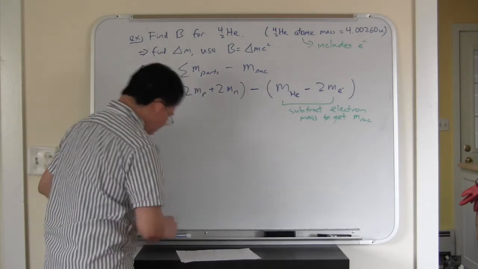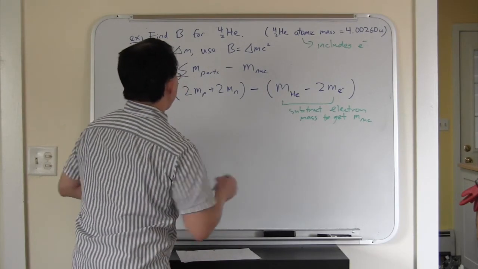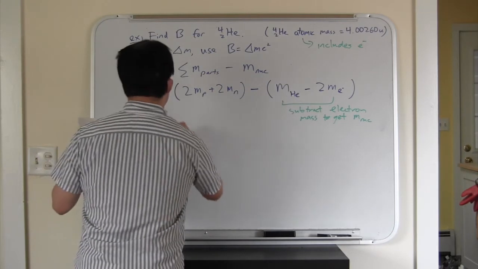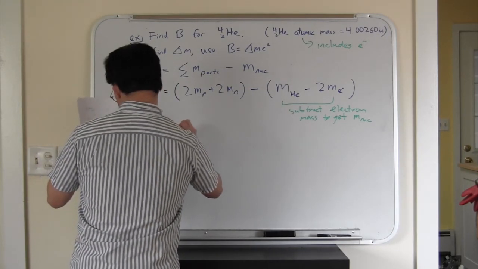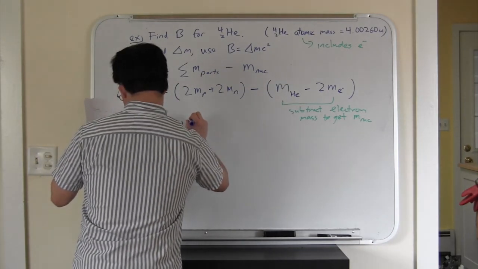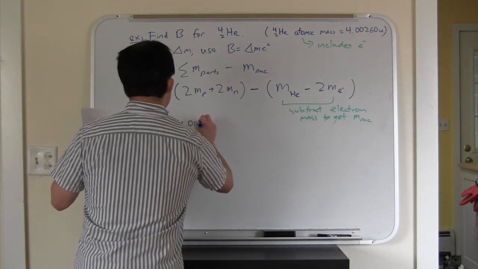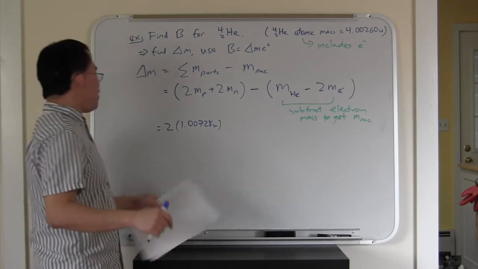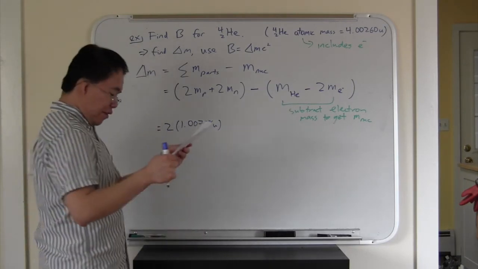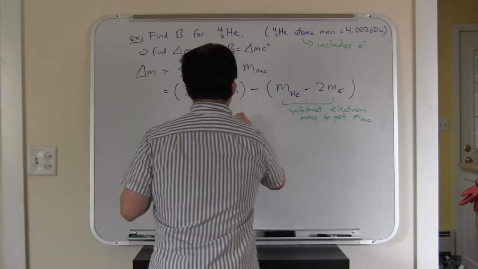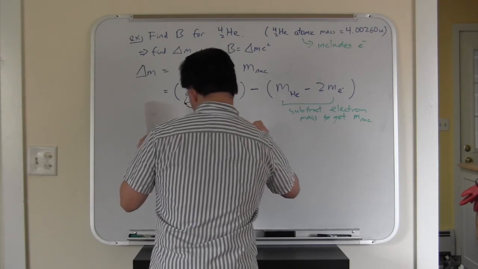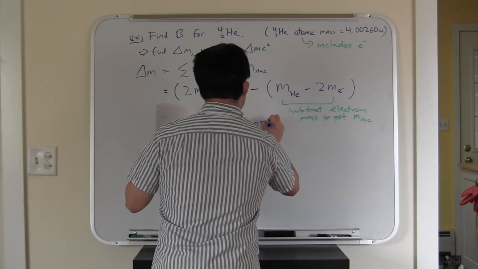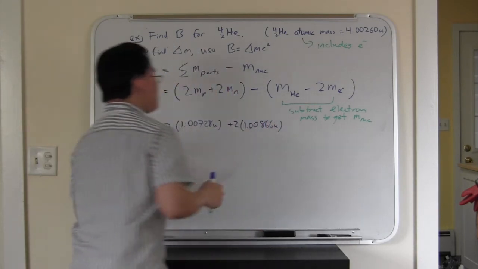If we do that, let's work it out. I get 2 times 1.0078 u, again keeping 5 or 6 sig figs, plus 2 times my neutron mass, 1.00866 u.